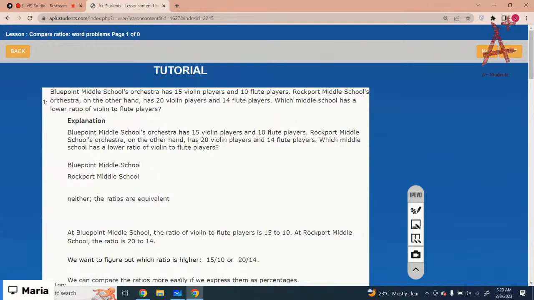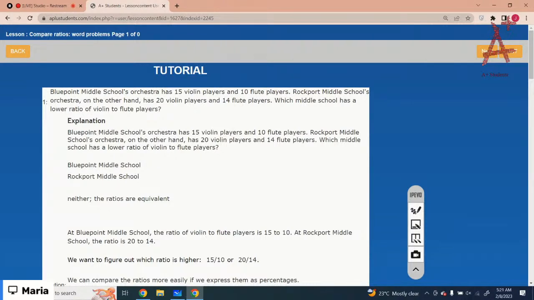Let me just read the question. Blueprint Middle School's orchestra has 15 violin players and 10 flute players. Rockport Middle School's orchestra, on the other hand, has 20 violin players and 14 flute players. Which middle school has a lower ratio of violin to flute? You have to find which of them has the lower. Got it?